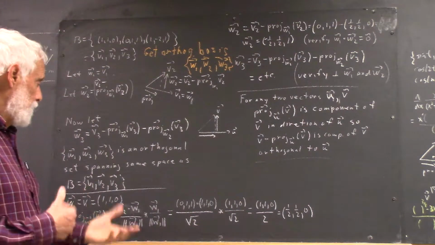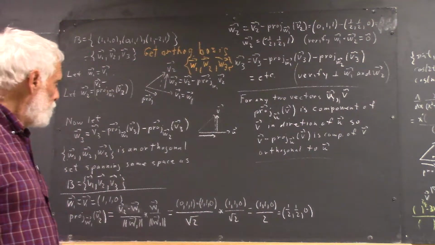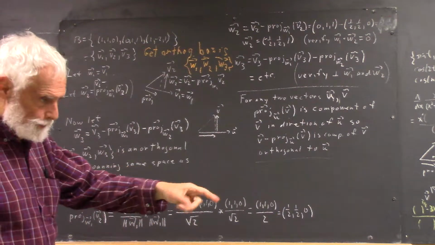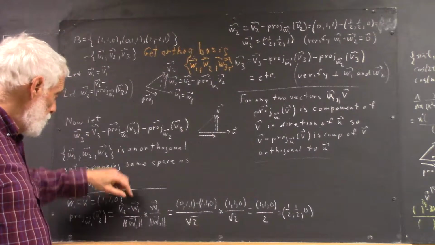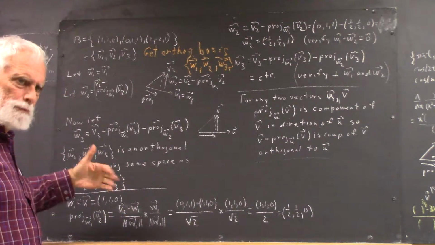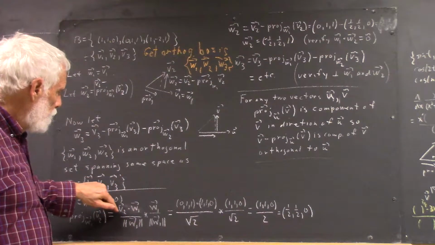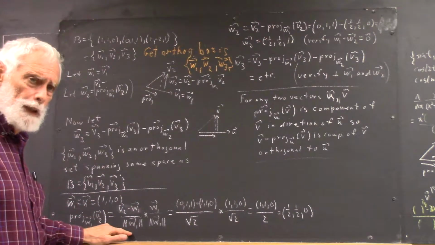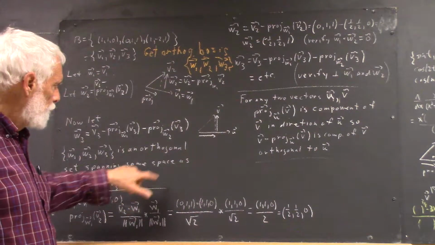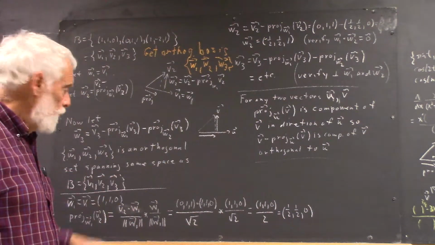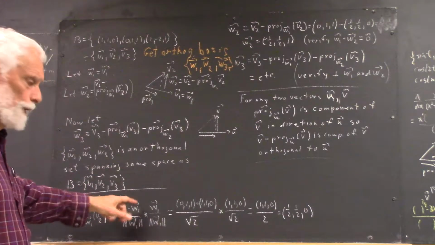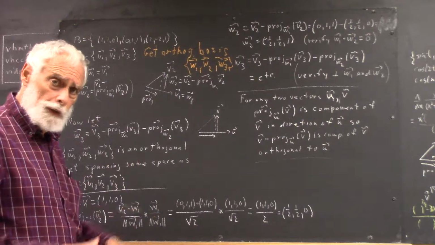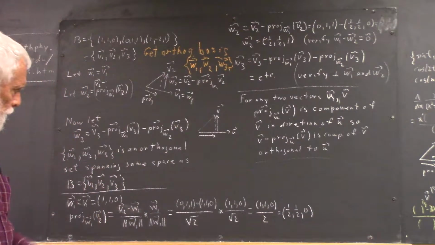Remember that the magnitude of the projection, except maybe with a minus sign, depending on whether the projection is in the same or opposite direction to W1, but the magnitude, plus or minus, of this projection is V2 dot W1 divided by the magnitude of W1. Remember, that just comes back to the right triangle with the theta and the relationship between the dot product and the cosine of theta. So review that if you don't have that down, but that's something you really want to know.